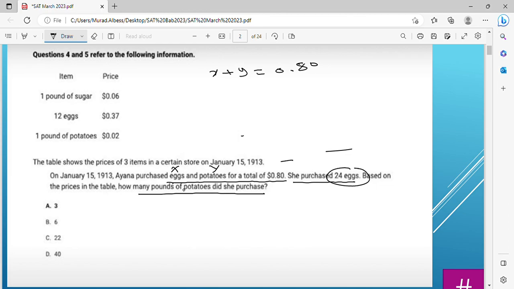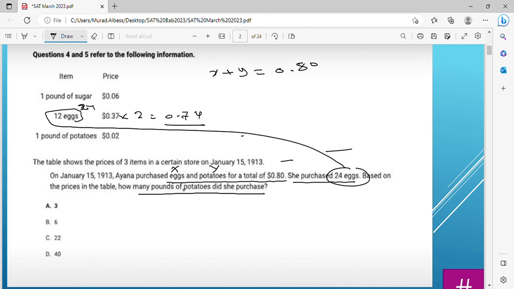But we know that 12 eggs cost 0.34. So if I have 24 eggs, I should multiply it by 2, which means 0.74. So x plus 0.74 equals 0.80. Subtract 0.74 from both sides to get the number of potatoes.